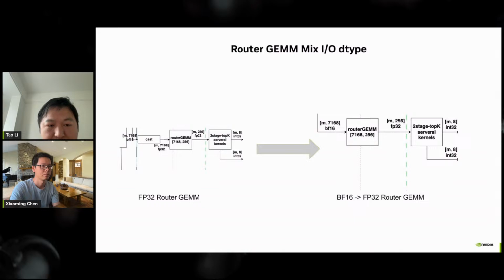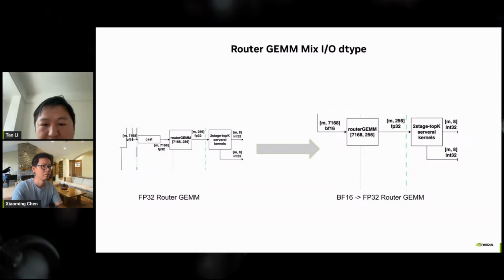And in the baseline implementation, since the GEMM output is FP32, we need to cast the input to FP32 also. Later we found out there is actually a mixed IO GEMM API provided by cuBLAS, so we adopted that and removed this cast.